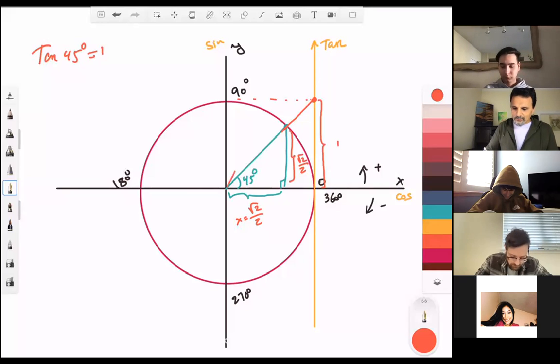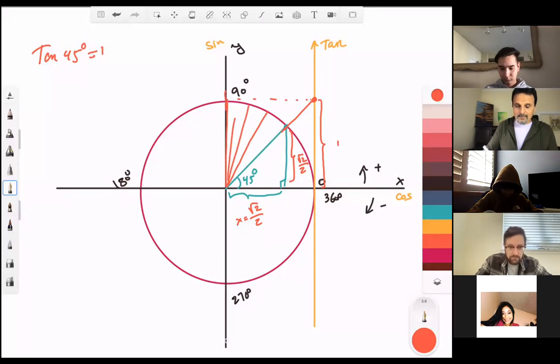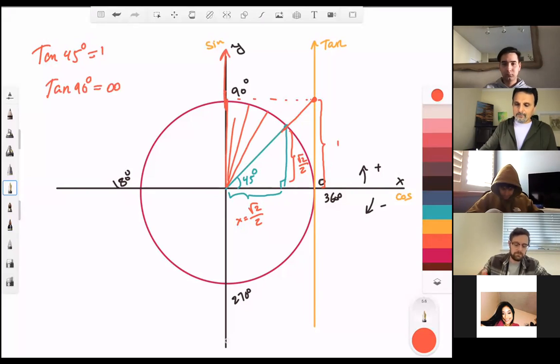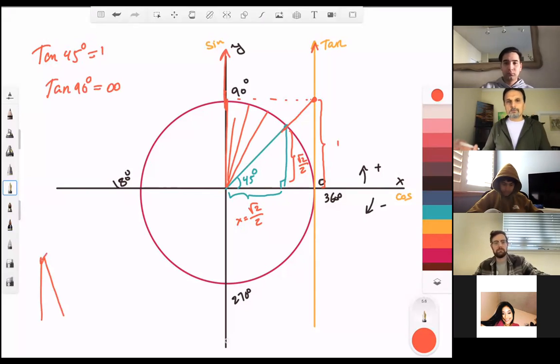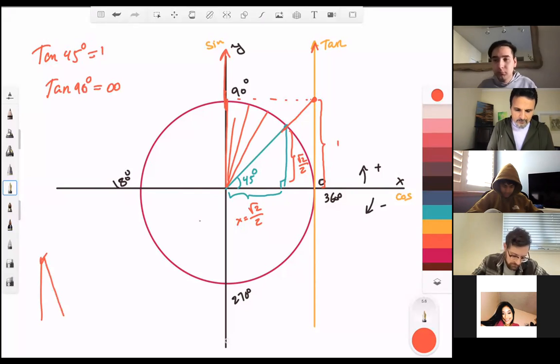And if the angle gets bigger to 90 degrees, tangent of 90 degrees will be positive infinity because they're not going to touch. When we say undefined or infinity, that means in infinity they will touch, but nobody knows where they get touched. But they're going to, besides infinite, positive infinity.